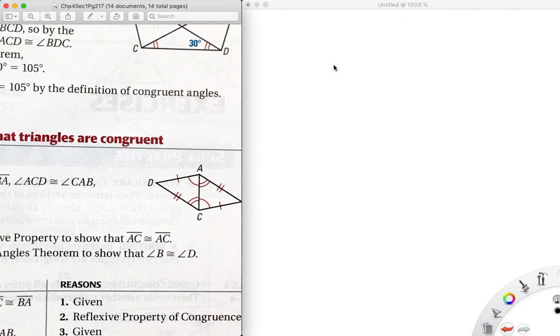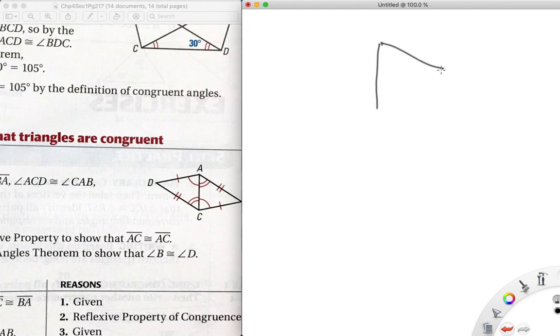So when we do something like this, it's not the same triangle per se. Alright. So if we have a situation like this, and they share the same side, we can say that this side is congruent to itself using the reflexive property.